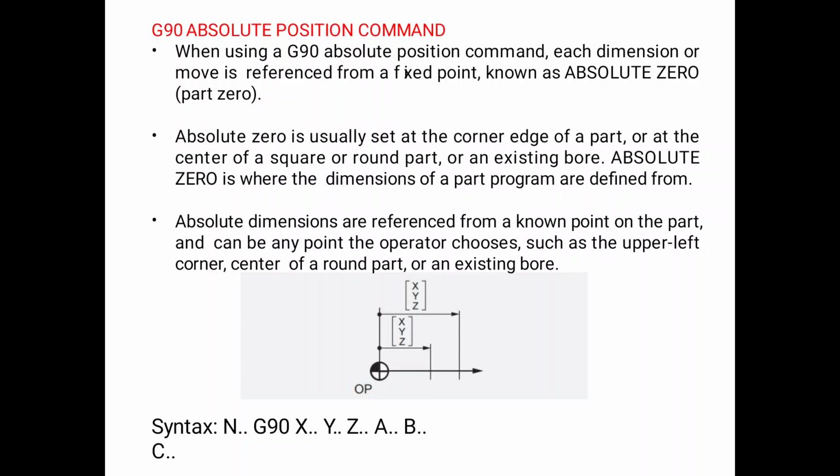It is where the dimensions of the part program are defined from. It is a reference from a known point on the part, and can be any point the operator chooses, such as the upper left corner, the center of a round part, or an existing bore.